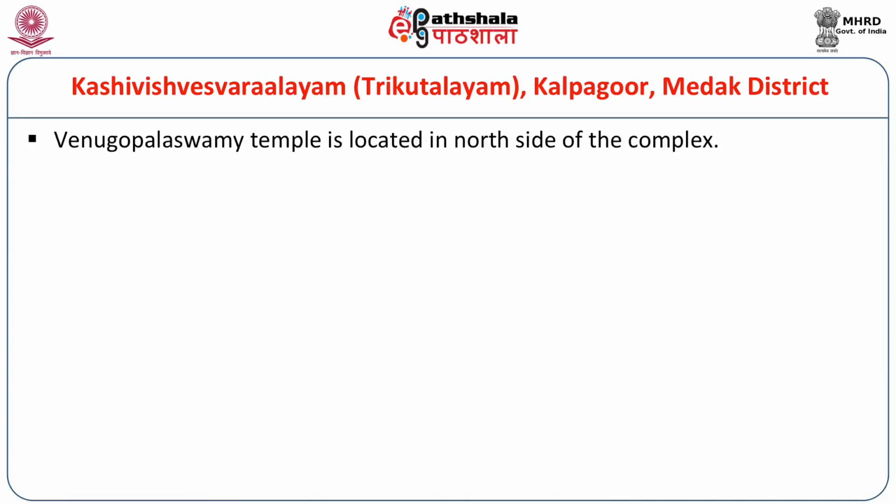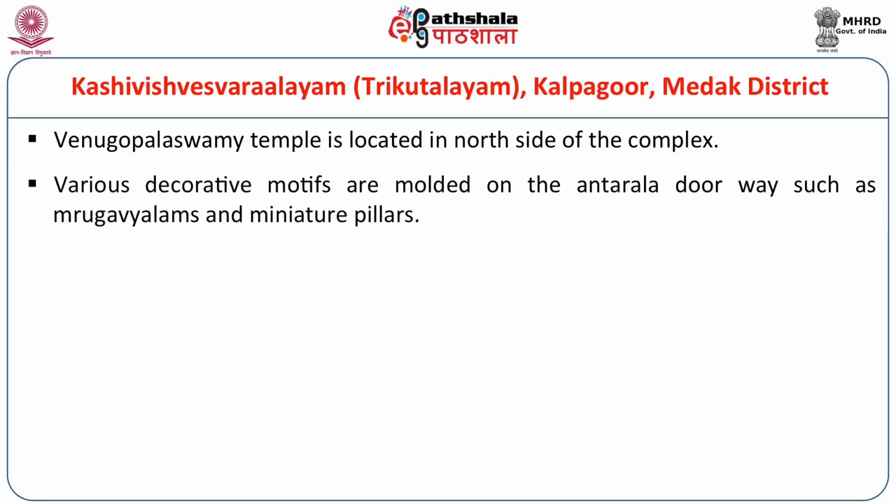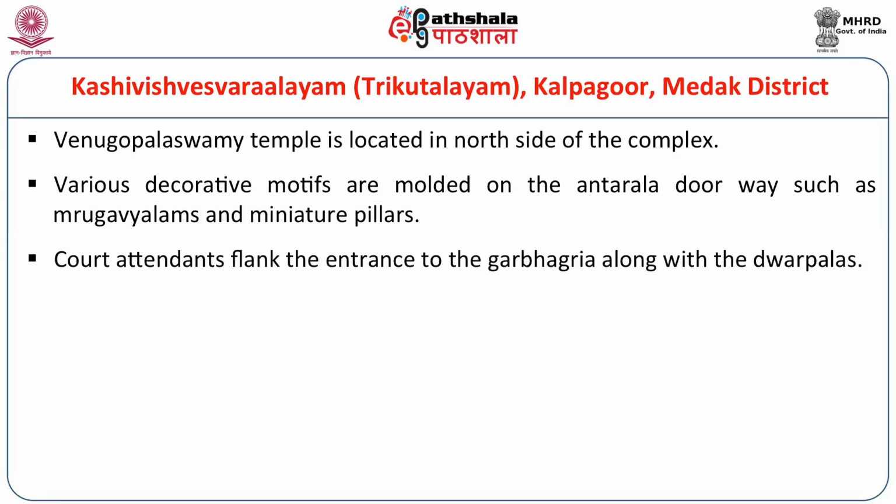The Venugopal Swami temple is located on the north side of the temple. Various decorative motifs are molded on the antarala, such as the Mrugavyalams. Mrugavyalams are the yalis with deer in them, and miniature pillars. The court attendants flank the entrance to the Garbhagriha along with the Dwarapalas.